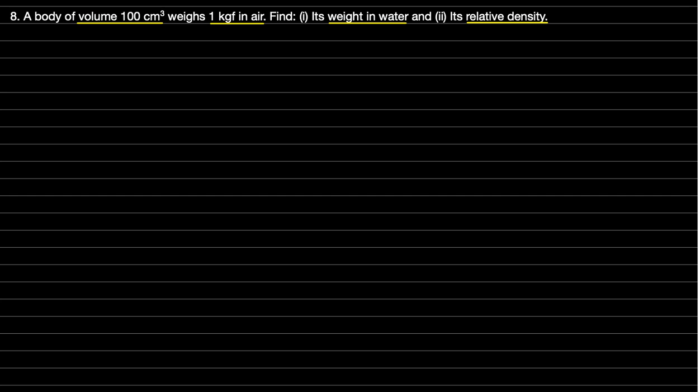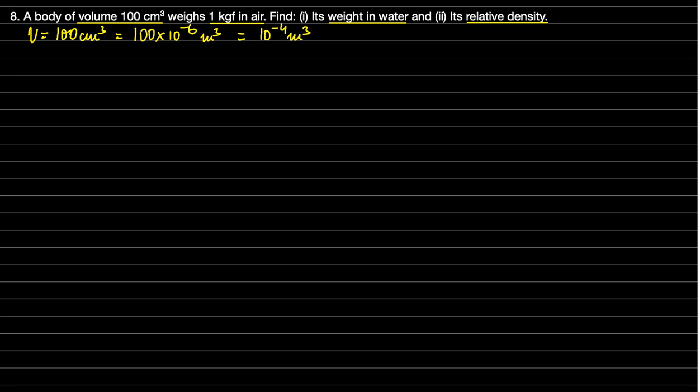But before that we would be converting the units. So volume is 100 centimeter cube. When we convert to meter cube, it is 100 into 10 to the power of minus 6 meter cube, which can be written as 10 to the power of minus 4 meter cube.